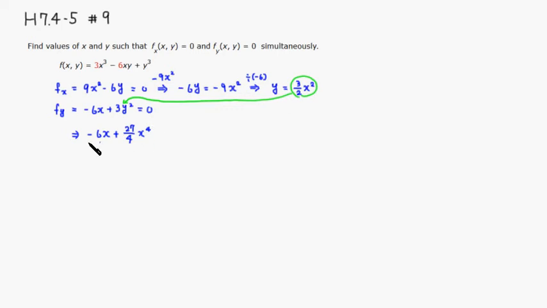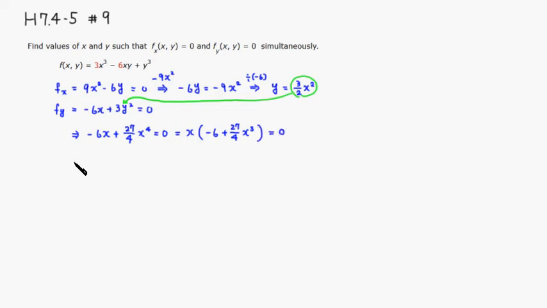Because this is equal to 0, we can factor out x from here. So you will get x times negative 6 plus 27 over 4 x cubed, and we set that equal to 0.